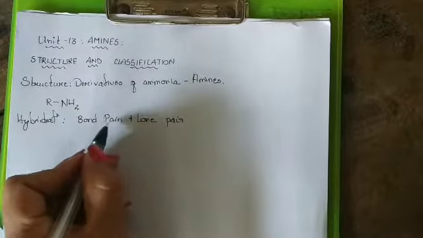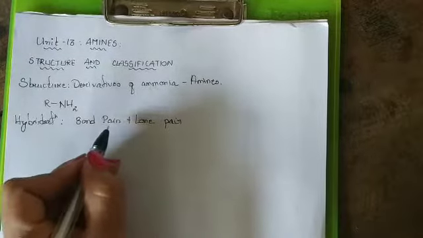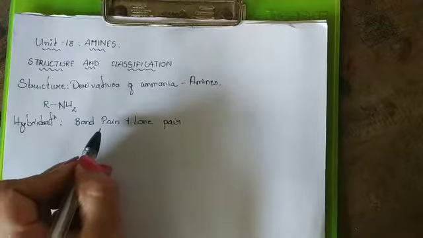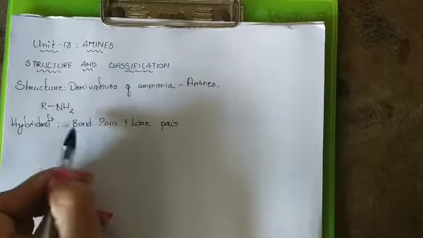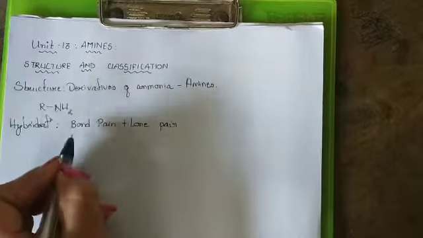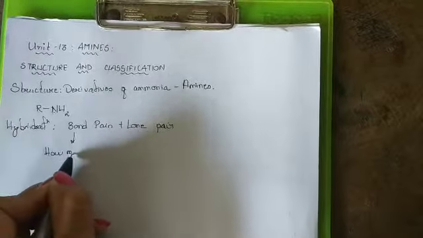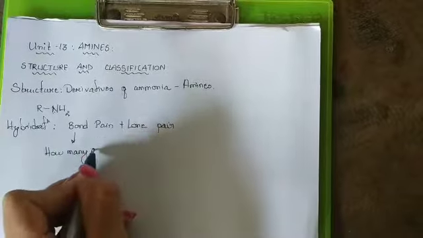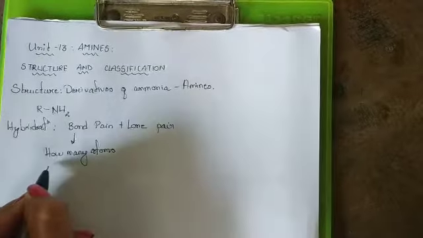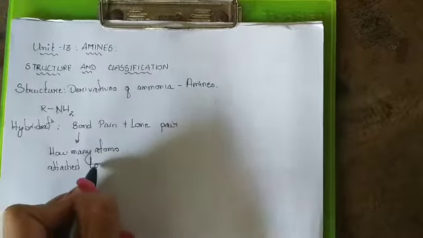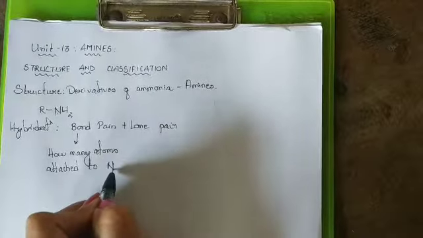Now bond pair is how many atoms are attached to the central atom. Okay, let me write it here: how many atoms are attached to the central atom, that is nitrogen.